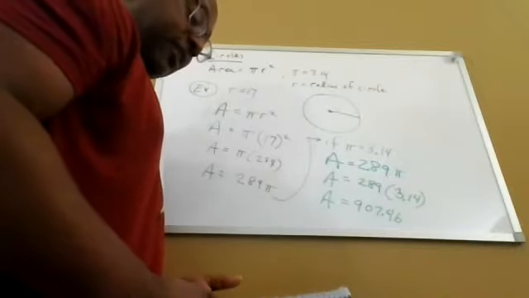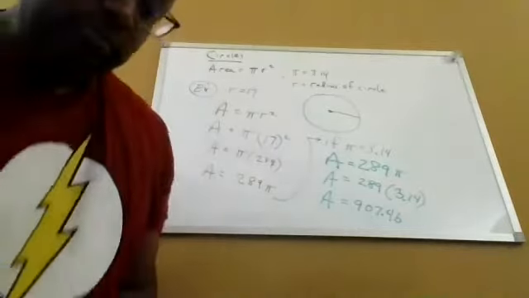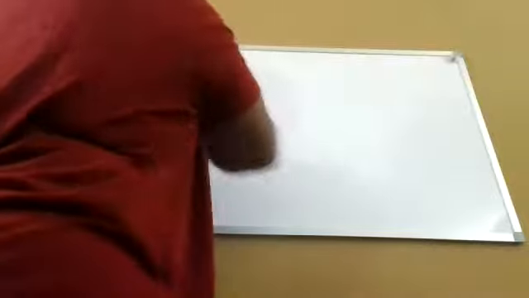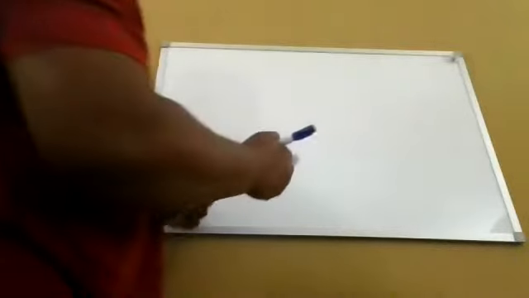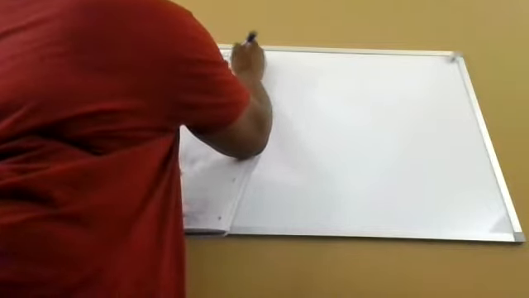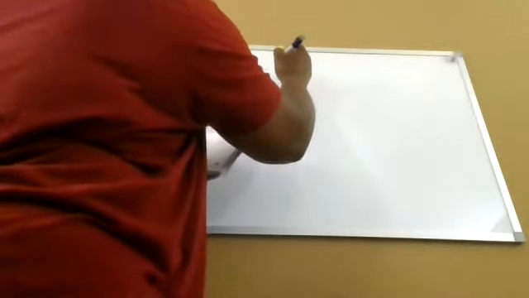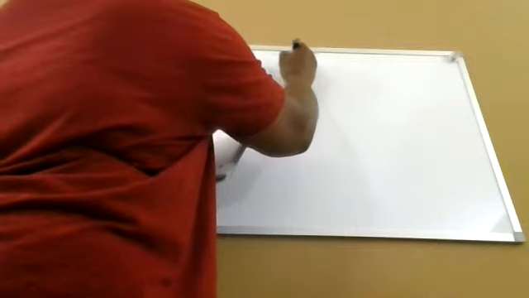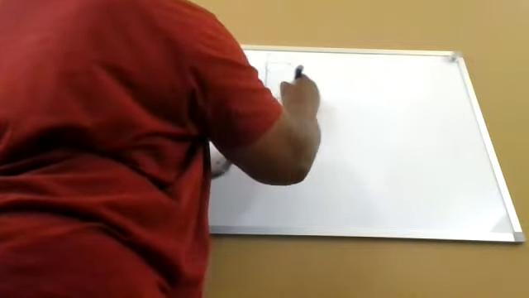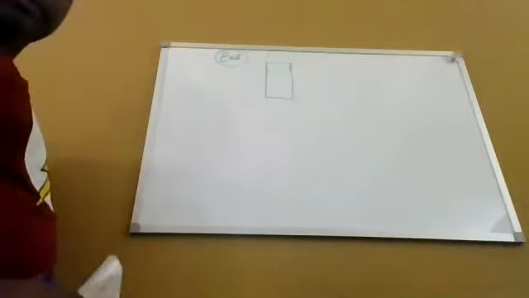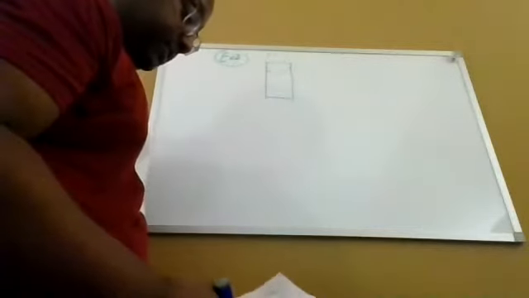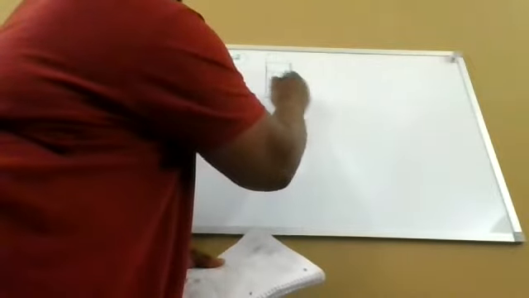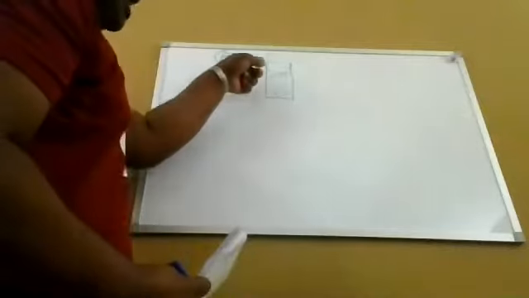But in this case, we're going to have to find the area of just half the circle. So what we have here is a rectangle.